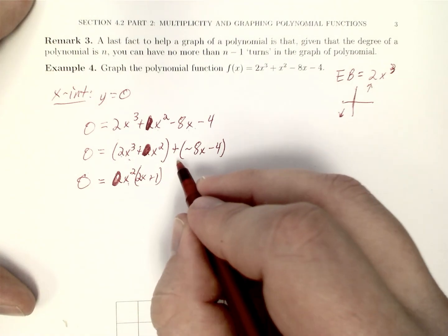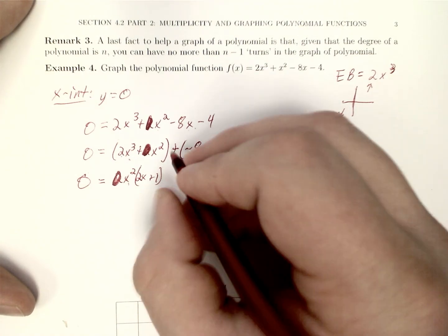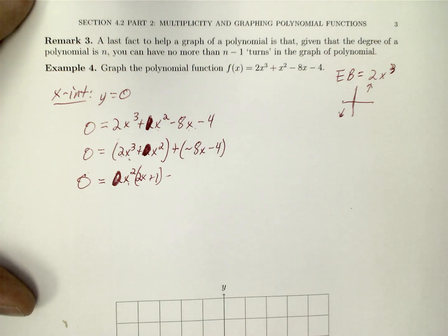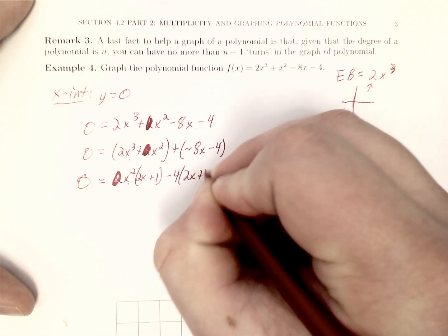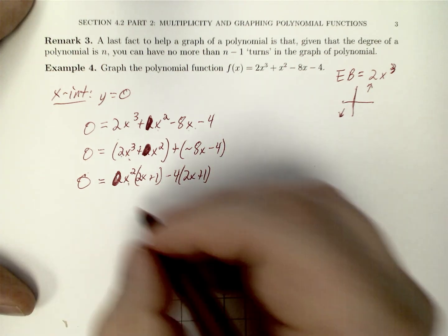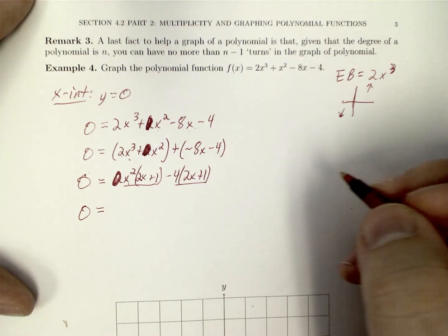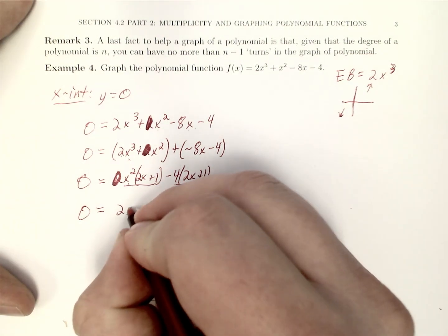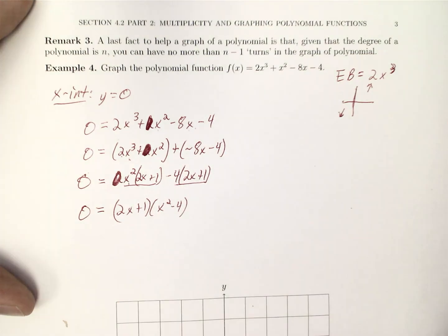And then we have minus 8x minus 4. We can pull out a negative 4. That'll leave us with 2x plus 1. Then we have these two terms, and we can factor out 2x plus 1. And we have x squared minus 4 left over.